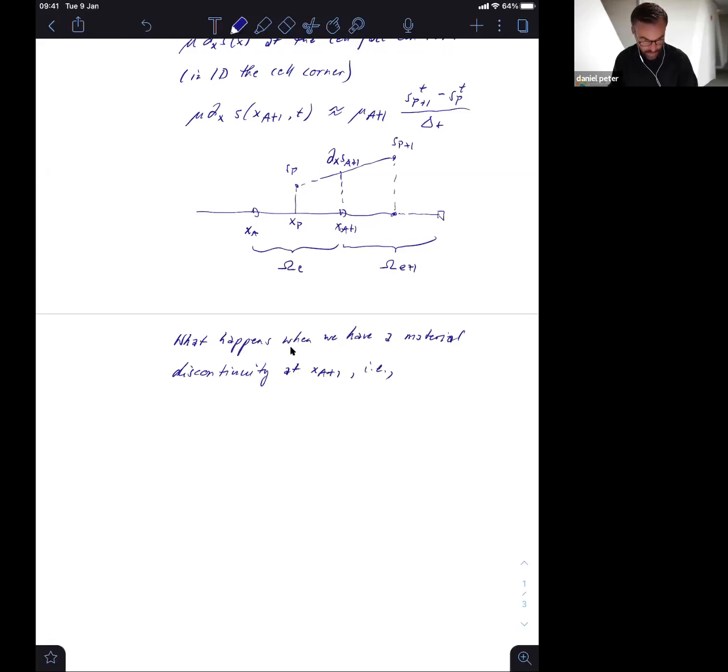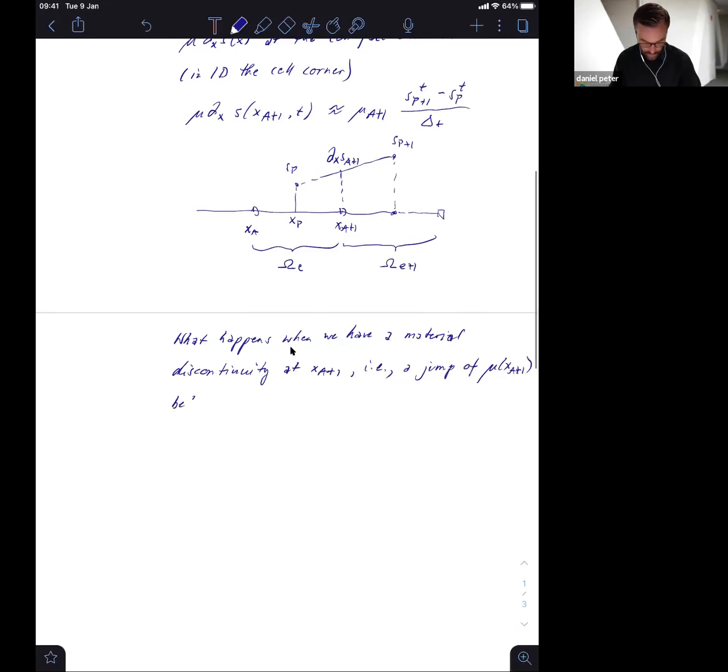So that is a jump of mu at xa plus 1 between grid cell omega E and its neighbor cell omega E plus 1.